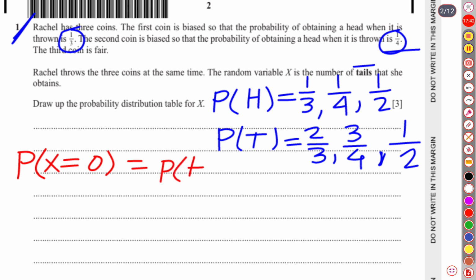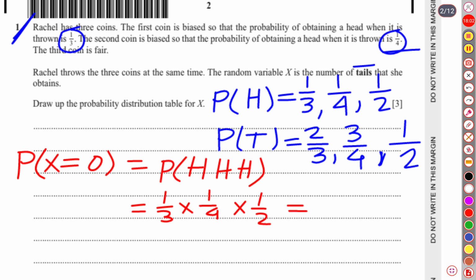First one is head, second one is also head, third one is also head. So what will the probability be? All heads: 1/3 into 1/4 into half. So finally our probability of obtaining no tail is 1 over 24. 1 over 24, first one.